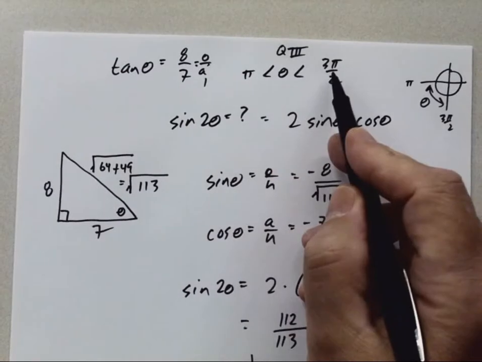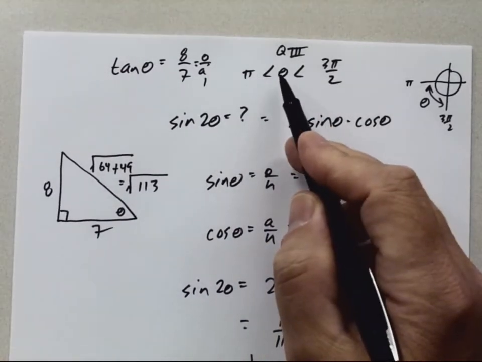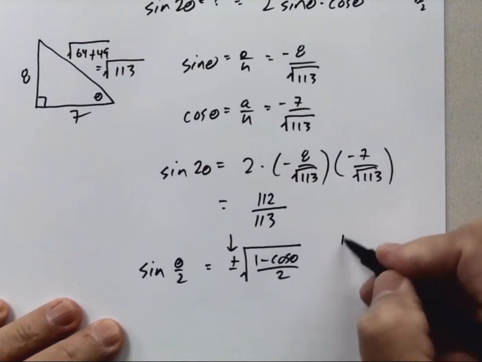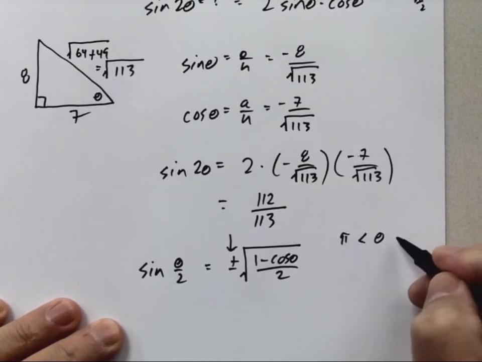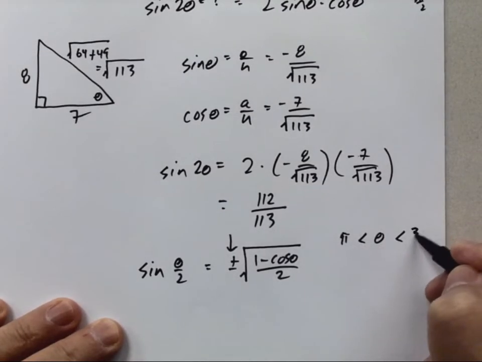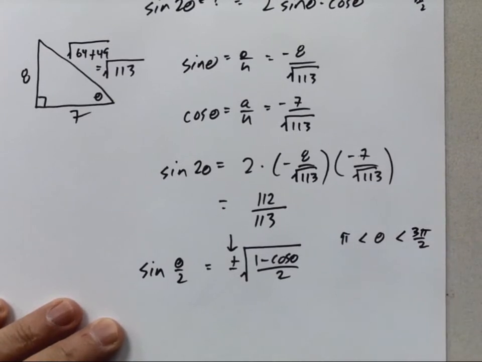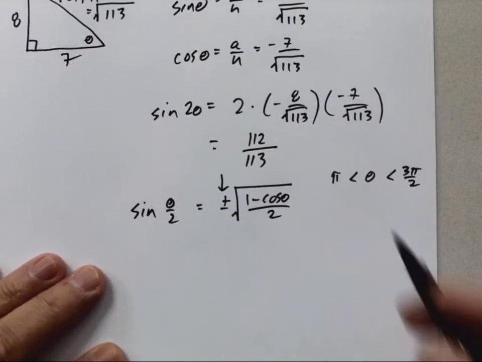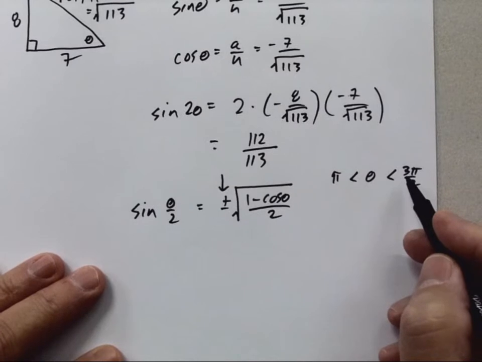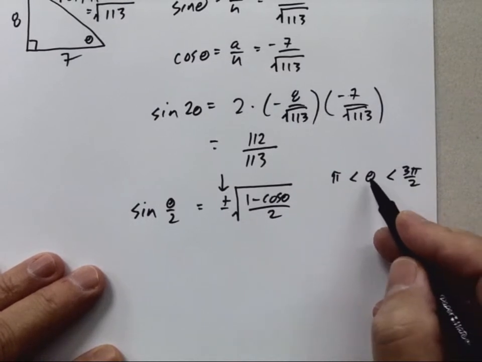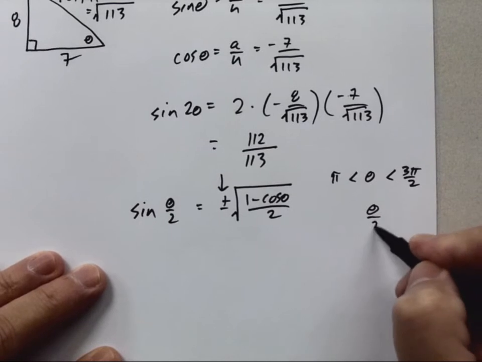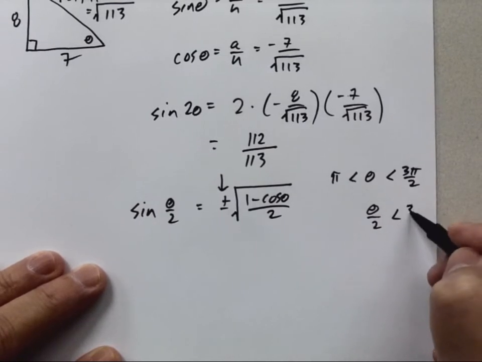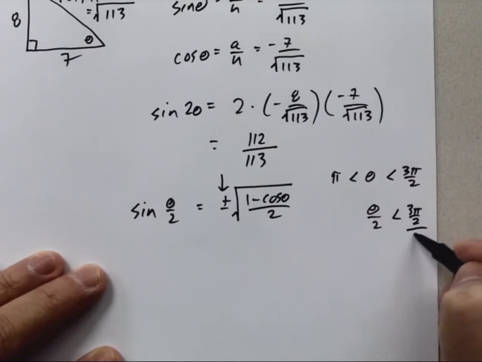So remember what you do? You go back and get your original inequality for theta, and I'm going to write it right here. So originally theta is between pi and 3 pi over 2. I want to convert this inequality, instead of theta, I want it to be theta over 2. So I'm going to divide everything by 2.